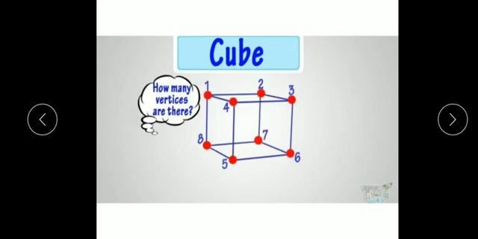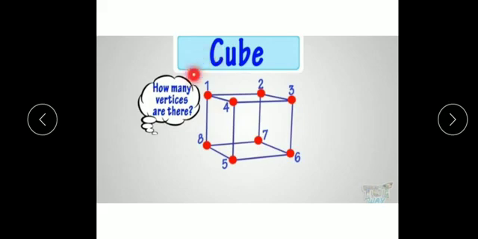Now children, do you know about vertices? Vertices are the corners. We discussed corners in our previous video also. Vertices are also known as corners. So this is your cube. Let's count the number of vertices.